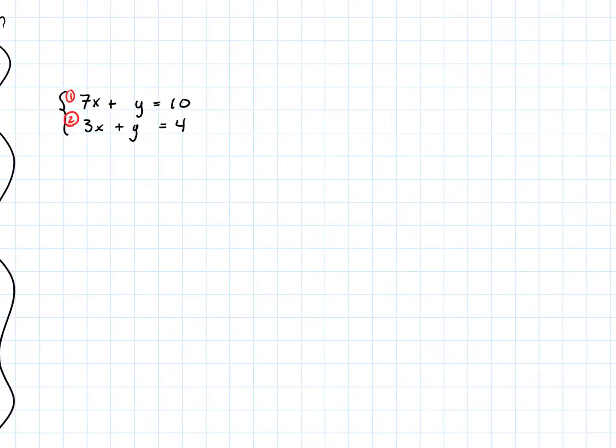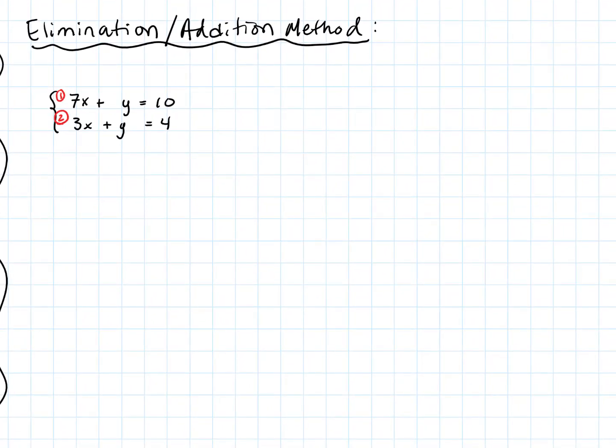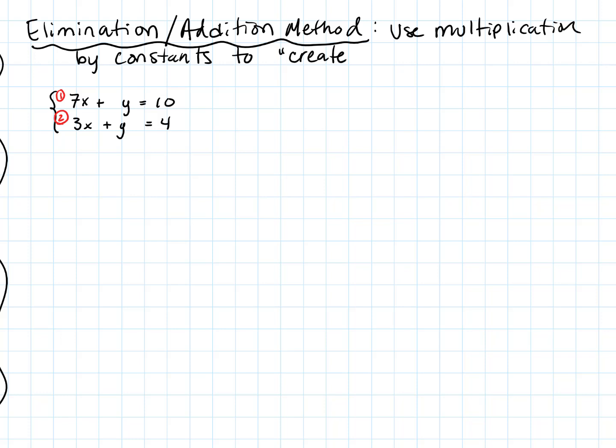Now let's do elimination, or addition method. What this does is we use multiplication by constants to create what we call opposite coefficients.